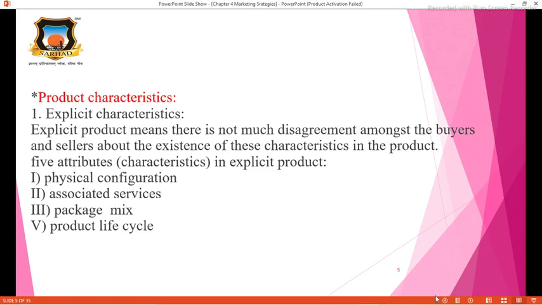A credit card facility is available, and the after sales services are delivery, installation, making available spare parts, then the repair service and the warranties. These are the after sales services. Hence, the product comes with associated services, before sales services and after sales services.